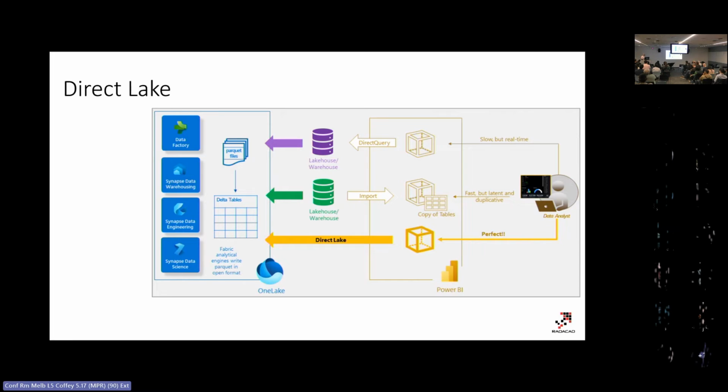This is called direct lake. So direct lake basically is a performance similar to import with the freshness of data similar to direct query, without copying the data. You still have one copy of that data in that lakehouse table or warehouse table, wherever it is. So it is one of the most efficient ways of connection you can have.